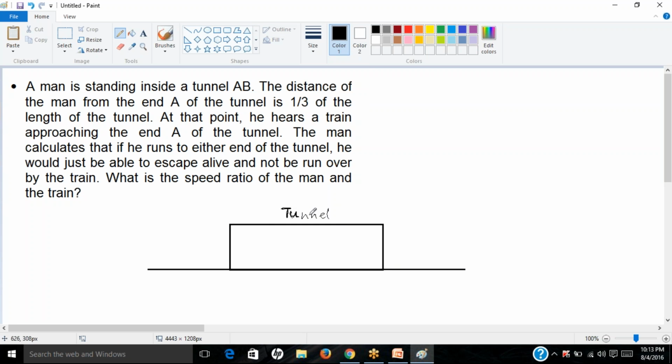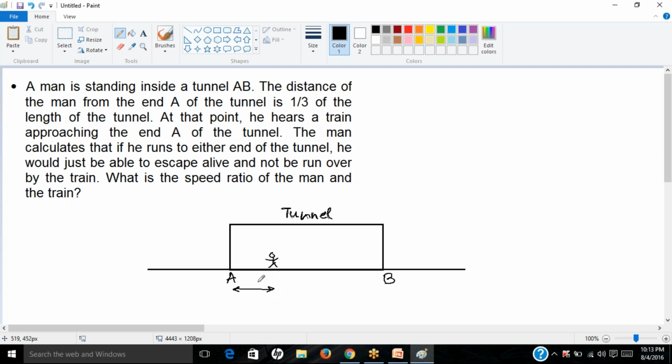And the man is standing inside. This is, let's say, end A and this is, let's say, B. The man is standing somewhere here such that from the end A it is 1/3 of the length of the tunnel.